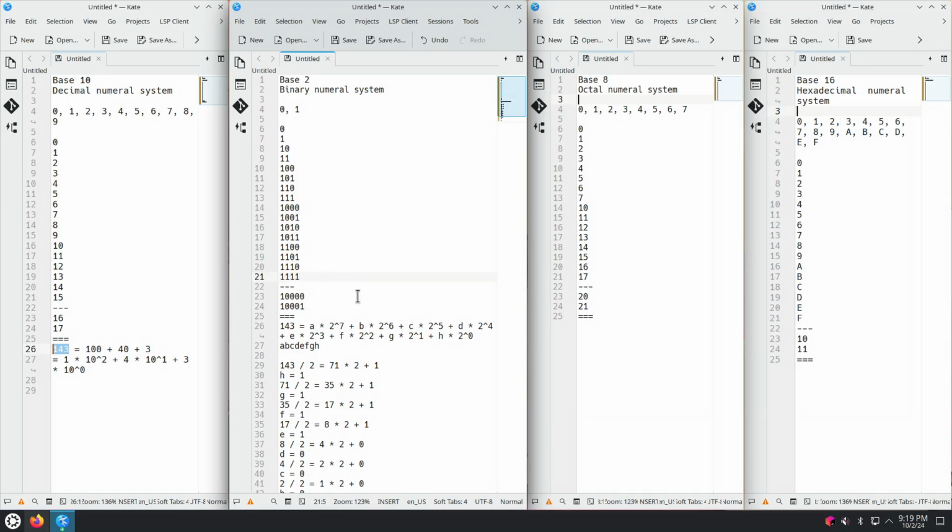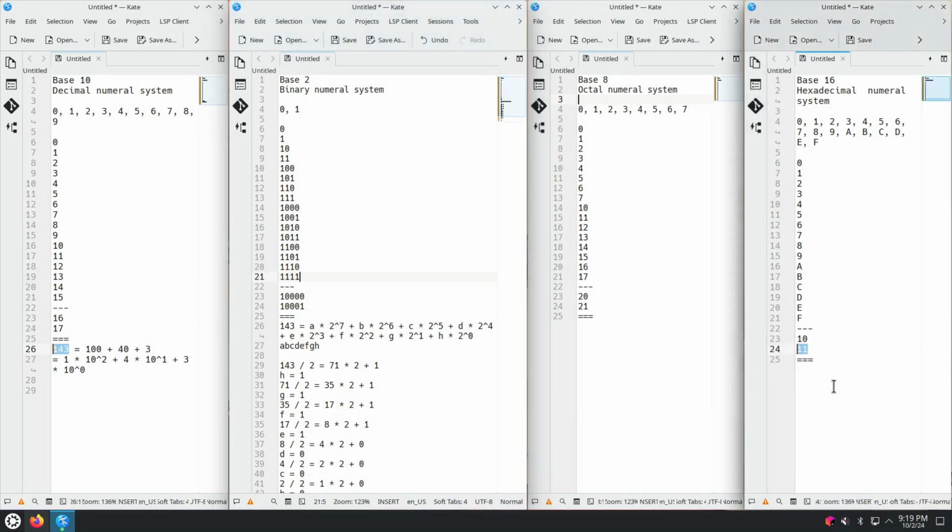In the sense that if you have the number 11 in base 16, you take the first one, you convert it to decimal, which is 16.